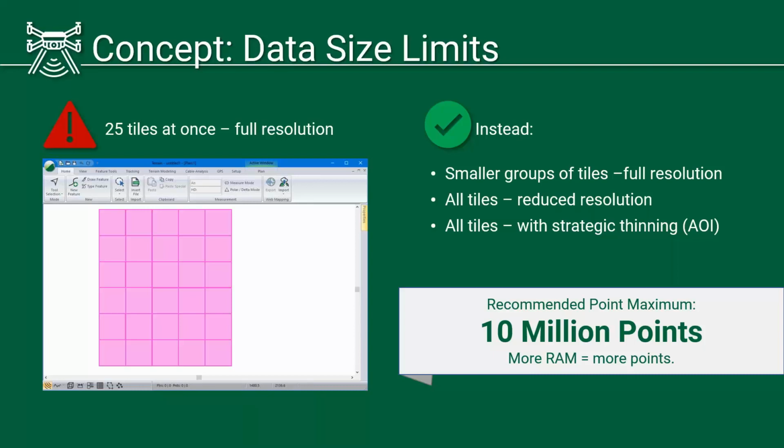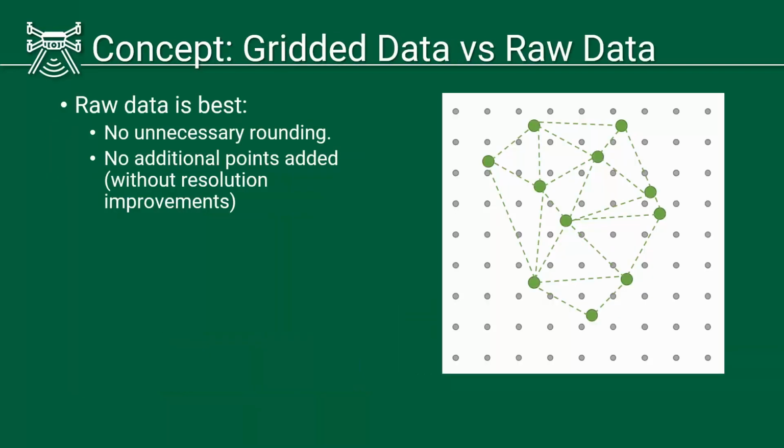So the next concept I wanted to introduce is this idea of gridded data versus raw data. In the very rough example image we've got here on the screen, green dots are the raw data. The grid is interpolated from that. And whenever possible, if you can work with the raw data, it's better.